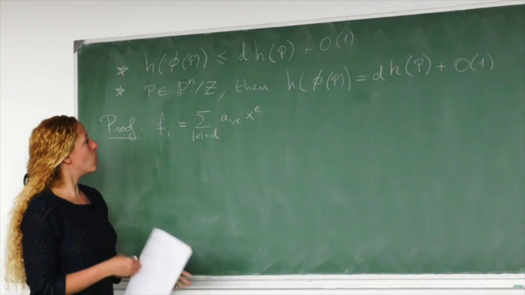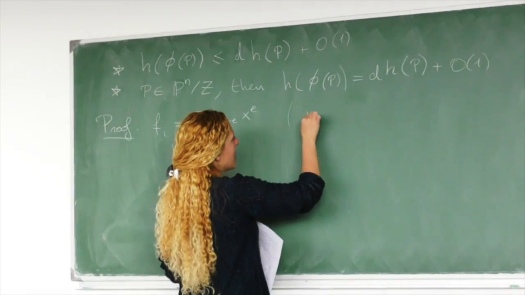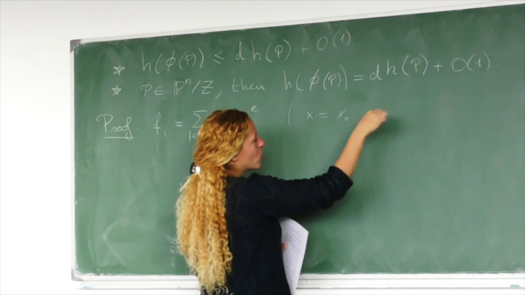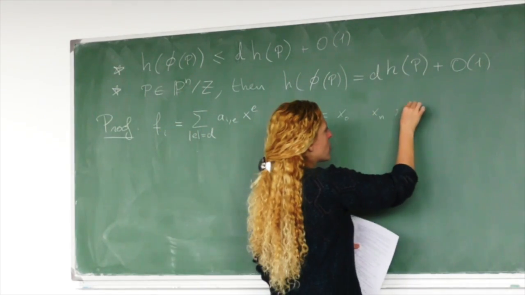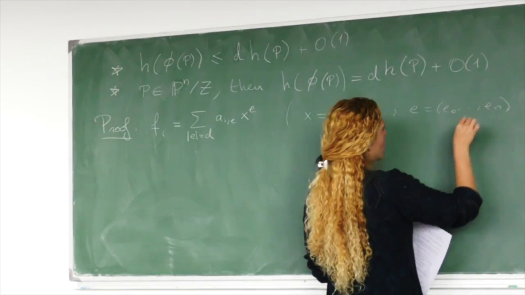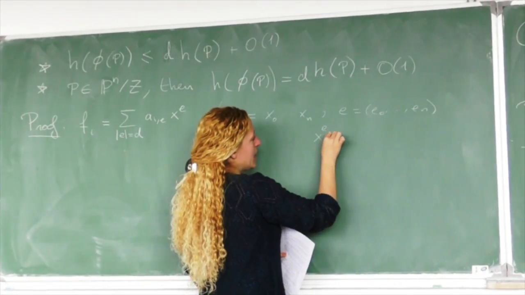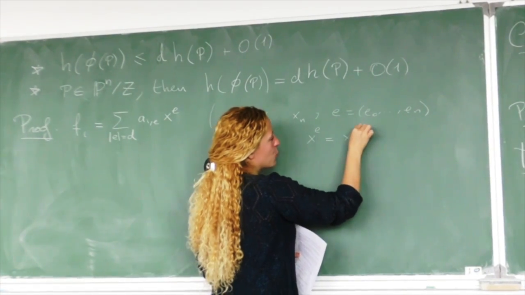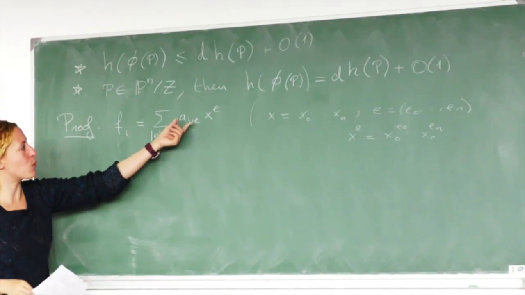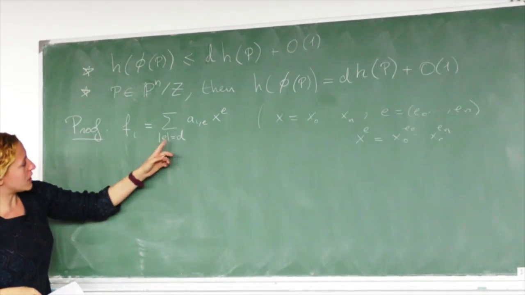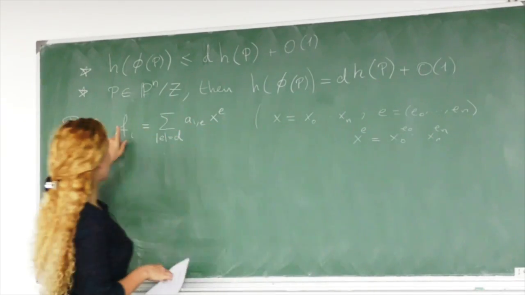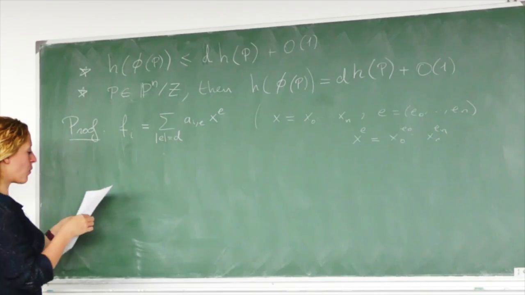So X really means x0 up to xn, all the possibilities for the variables, and E is a multi-index. When we write x to the e, what we mean is this product. So this is just an abbreviated form. And saying that the norm of e is equal to d means that we want the sum of these exponents to be equal to d, because f has degree d.